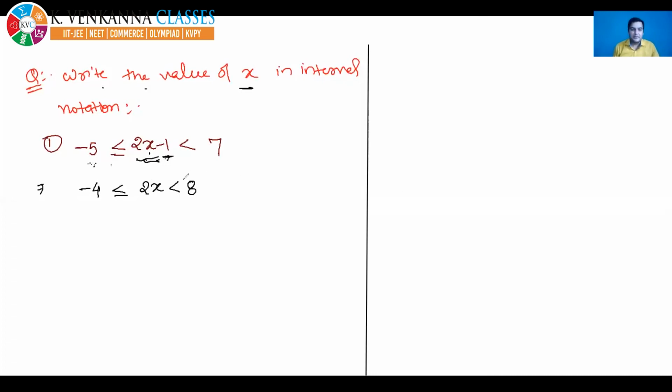Now again, I don't want the value of 2x, I want the value of x. So I have to remove this 2. To remove this 2, I will divide by 2 on all three sides. Remember one thing: whatever operation you apply here, the same operation will be applied on all three sides. So dividing by 2 on all three sides, you get minus 2 here, x here, 4 here.